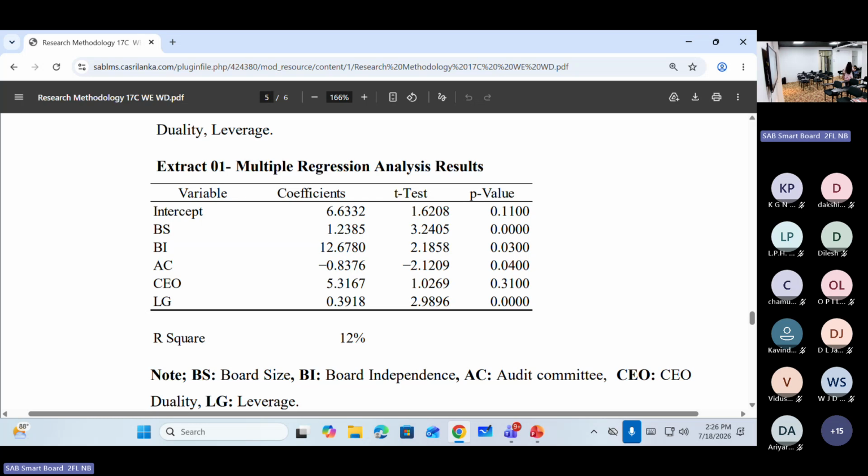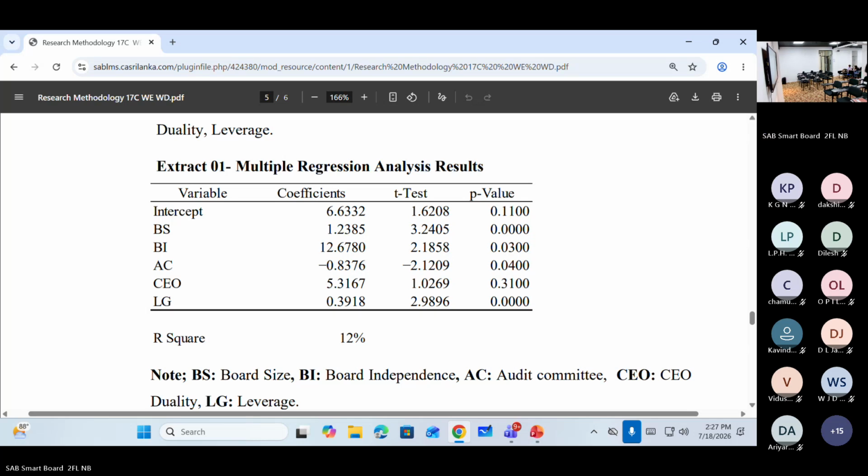As per the regression results, there are 5 hypotheses tested.